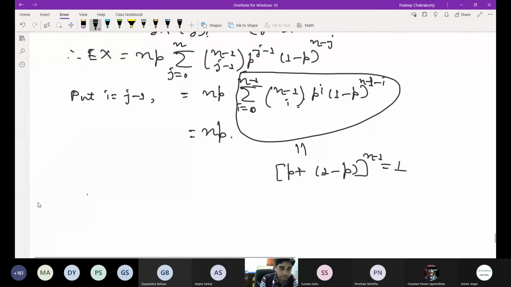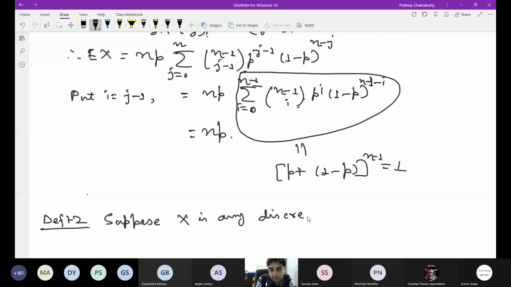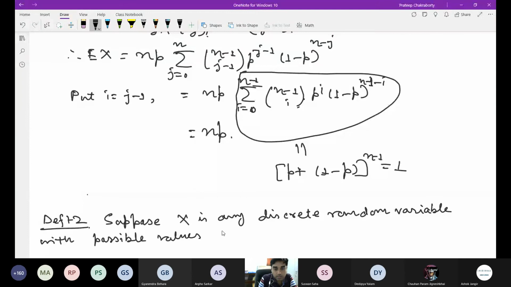This question I do now. This is the definition. Suppose X is any discrete random variable with possible values x1, x2, up to xr, and this goes on.